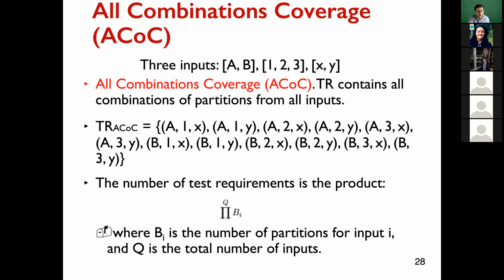So we have 12 test cases in this case. Okay. So here we consider all combinations of the inputs, which is called all combinations coverage. So as we see here, if we do all combinations coverage, we need lots of test cases to cover a simple scenario, right?